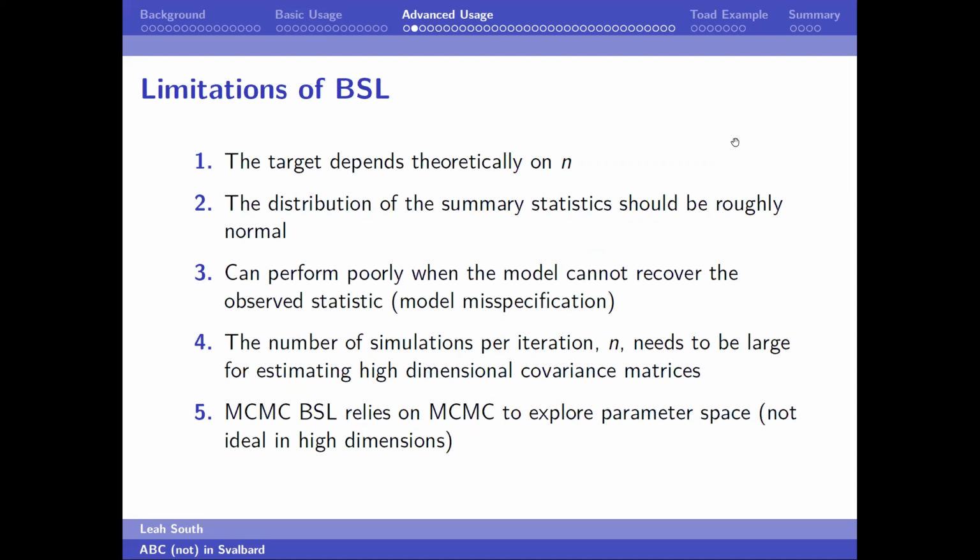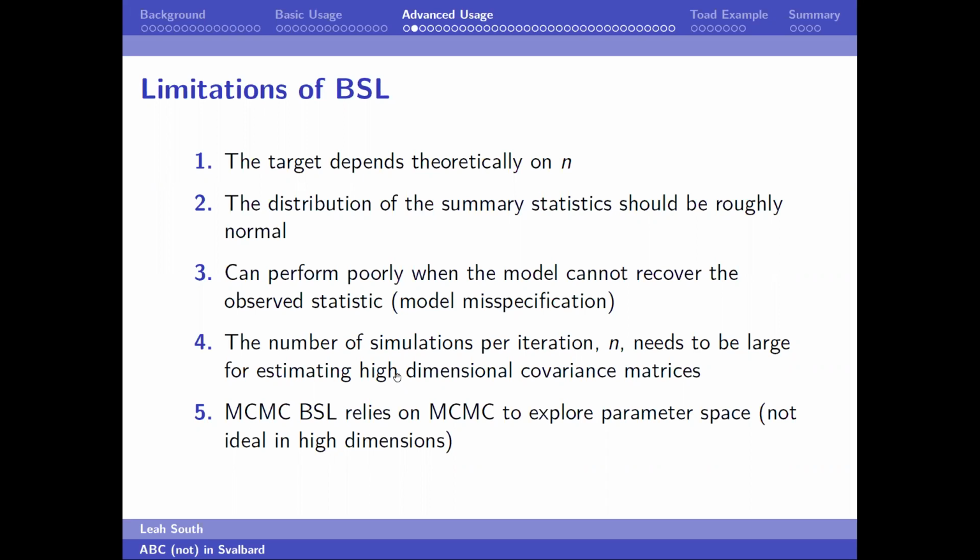Okay, so limitations of BSL in no particular order are that the BSL target technically depends on the number of simulated data sets. So that's really not that big a deal. It's also the case in ABC, but it could be considered a limitation. The distribution of the summary statistic should be roughly normal because we are using that normal approximation. The model can perform poorly when we've got misspecification in our model.